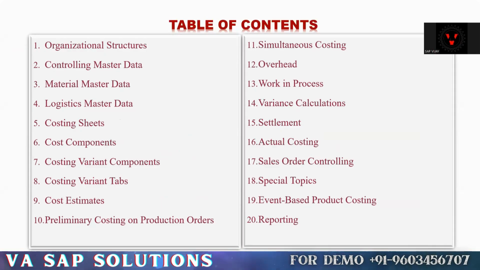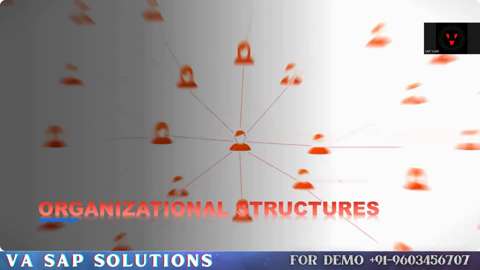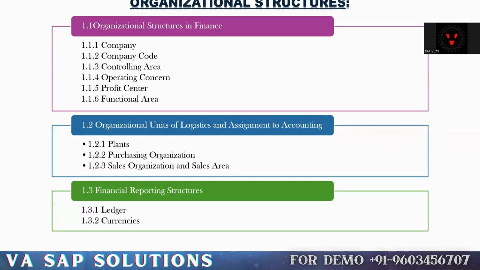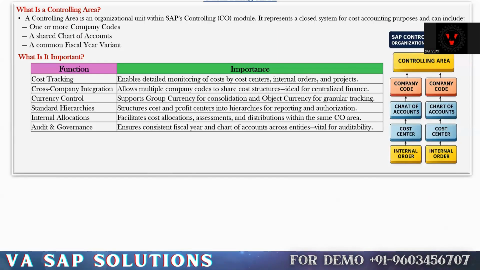So what actually is controlling? Controlling is basically for internal reporting purposes, which helps the business team understand where we are and what investments we need to make. Are we in profit or not, and what is the cost incurred to produce material.